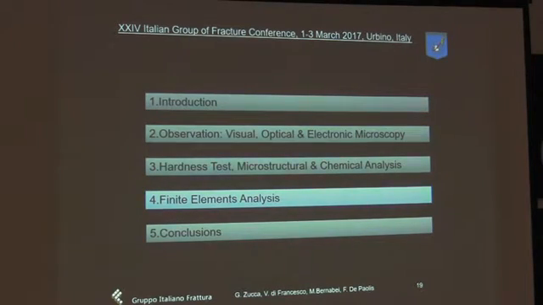As the last step of our analysis, we performed a finite element analysis. This is just to exclude a concurrence between a particular geometry and the initiation cause, which at this moment are probably the corrosion pits.